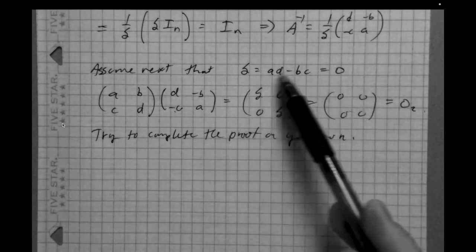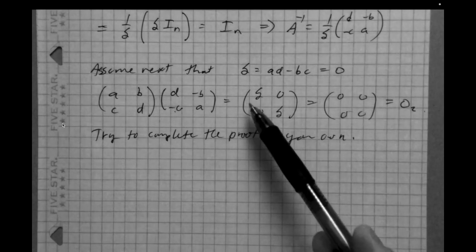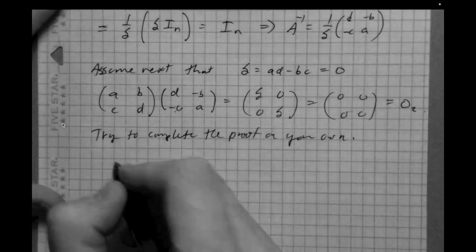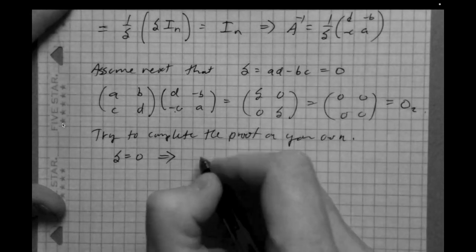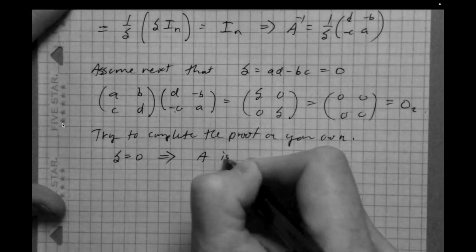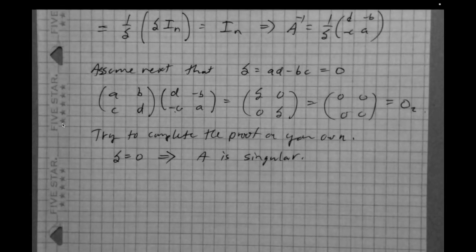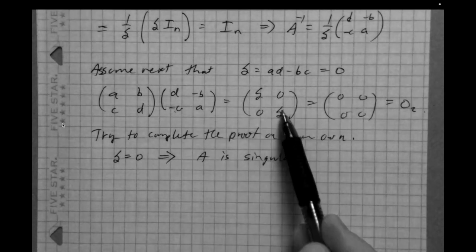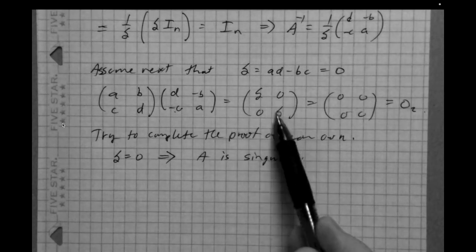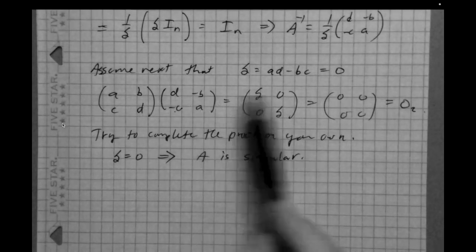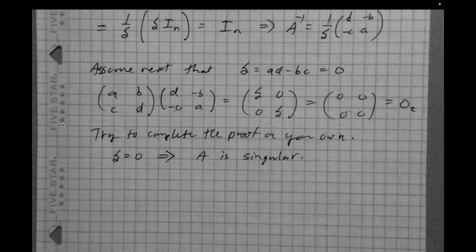I mean, that doesn't necessarily imply that an inverse doesn't exist, right? So what you need to show is that if delta equals 0, that implies that A is singular. It's kind of a combination of proving that there's no other way for the identity matrix to be created from A and its inverse than this way. Okay, that would be one way to approach it.